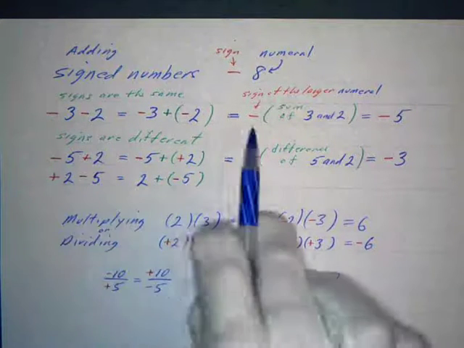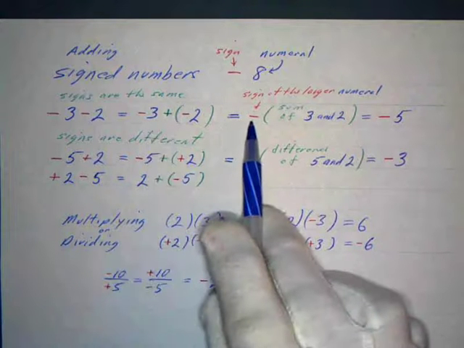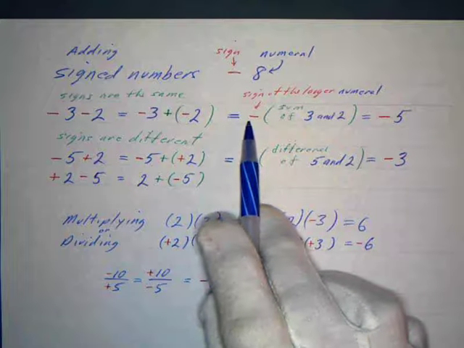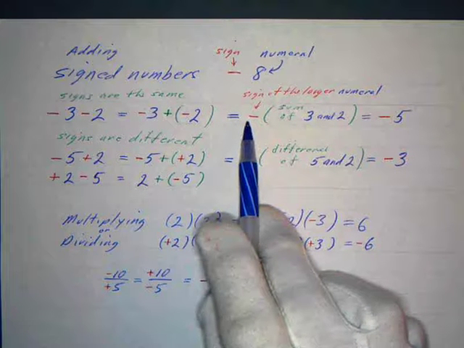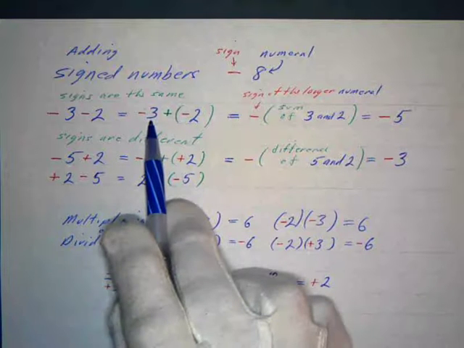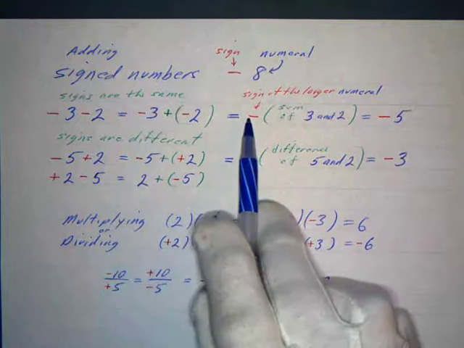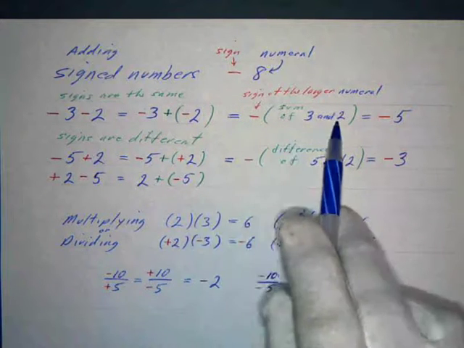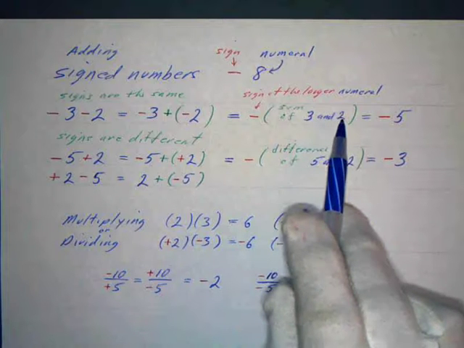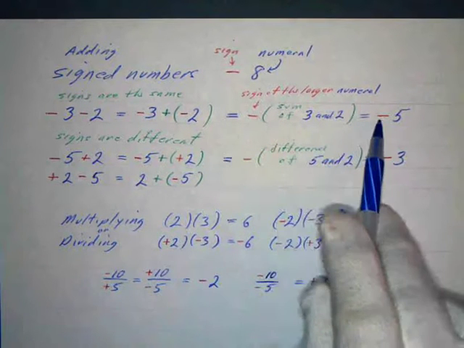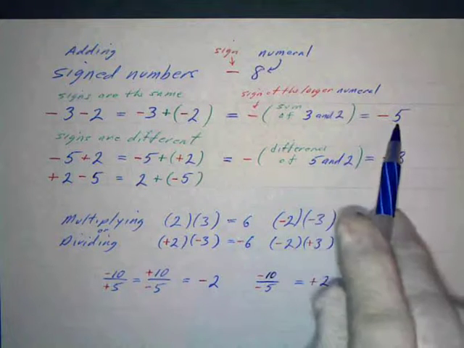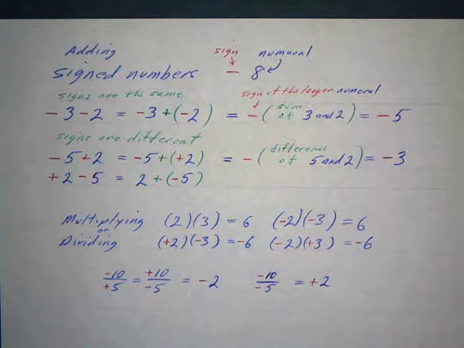In this case it's negative, but they'll be the same. So that's just one rule that works for both situations. And then you take the sum. The larger numeral is 3, so that's negative, and you take the sum of the numerals. What's the sum of 3 and 2? I add those. So my sign will be negative, and my sum of 3 and 2 is 5, so it's negative 5.